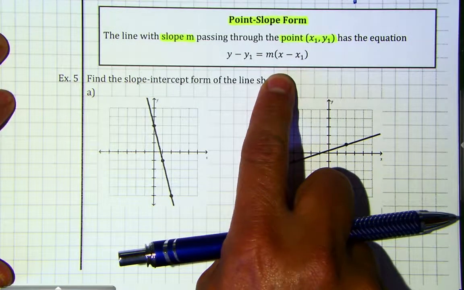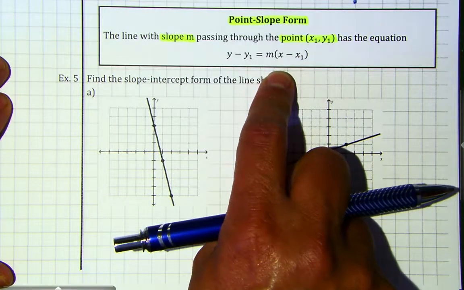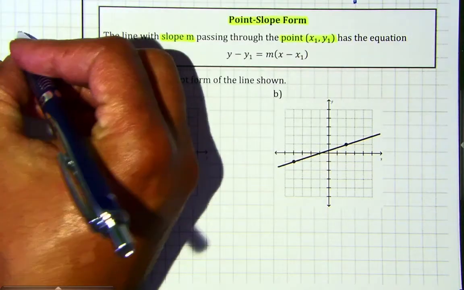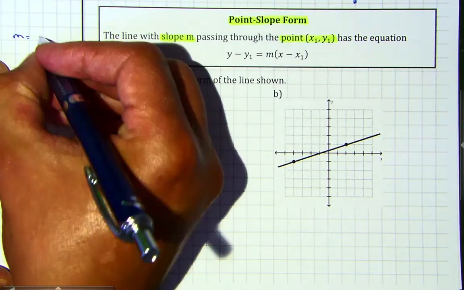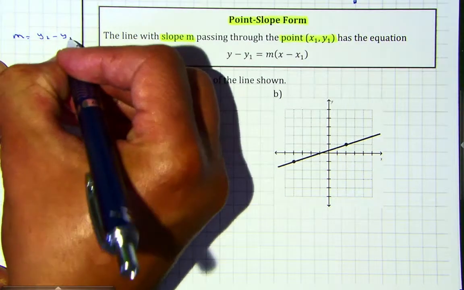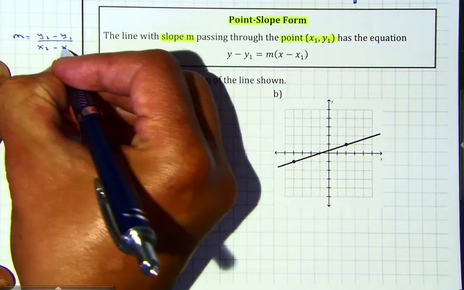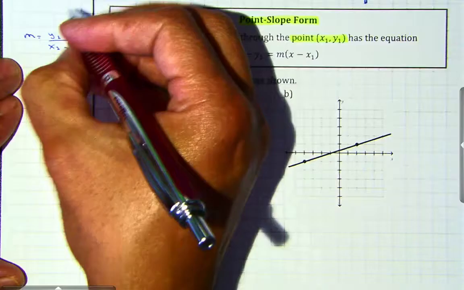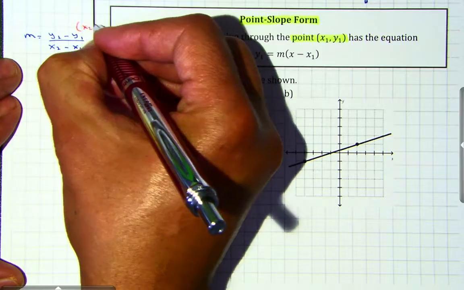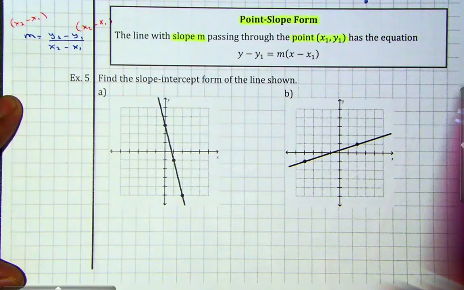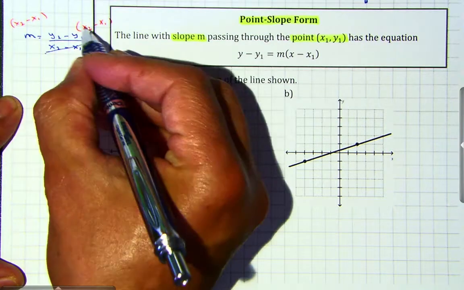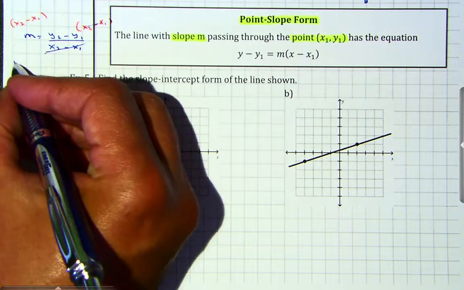And you should be able to realize that this equation comes from the slope formula. So if you have m equals y2 minus y1 over x2 minus x1, and we multiply both sides by the denominator, then that cancels and we end up with my point-slope form, correct?